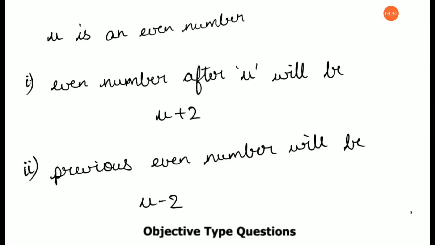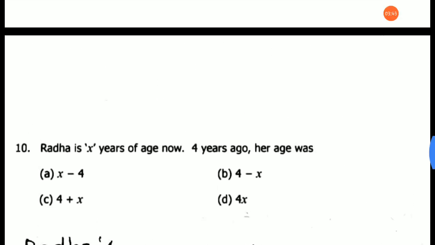Now, you can take any variable. I have written it as u. The 10th one. Radha is X years of age now. 4 years ago, her age was dash. Now, Radha's age is X. Before 4 years, how old would she be? It has to be less, right? After 4 years, she has celebrated 4 birthdays and 4 years have been added.